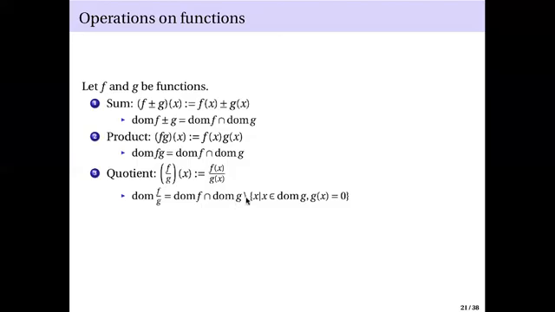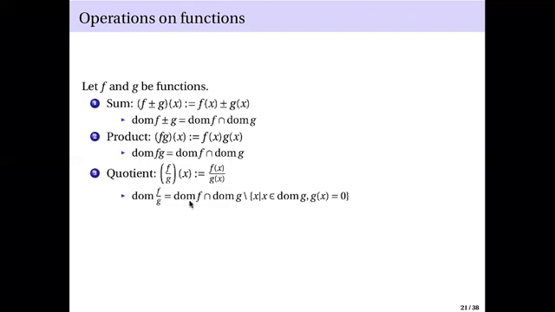And then you take out all the excess that will make the denominator 0. Look at that. Your g of x is now the denominator. So there's a possibility that this g of x will be 0 at some numbers.